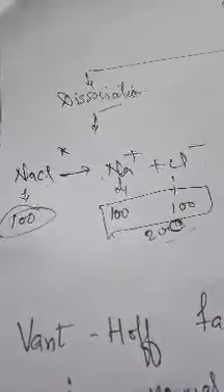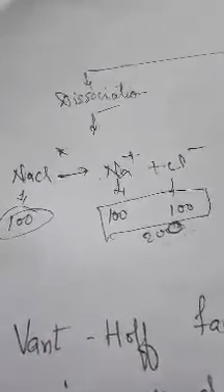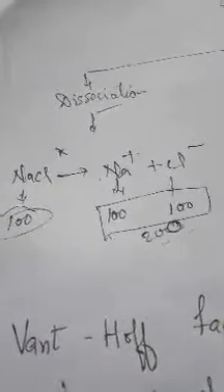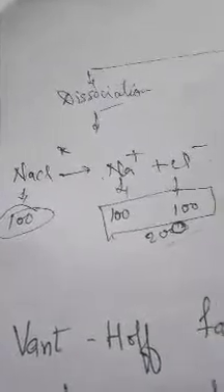This is for dissociation. If any electrolyte undergoes dissociation, then there is an increase in the values of the colligative properties.